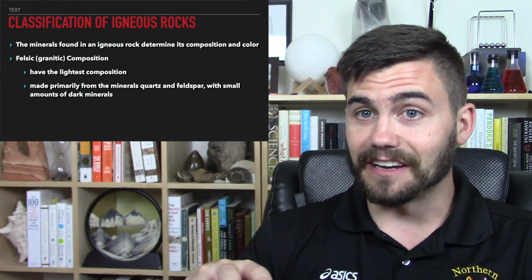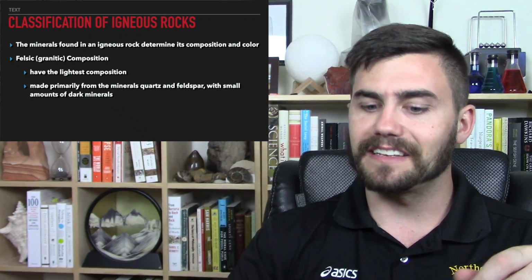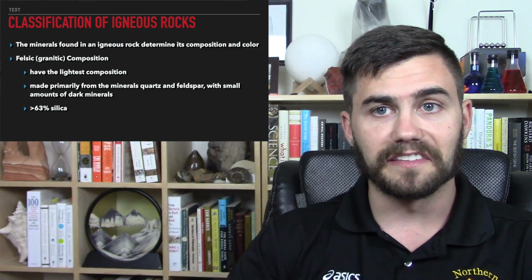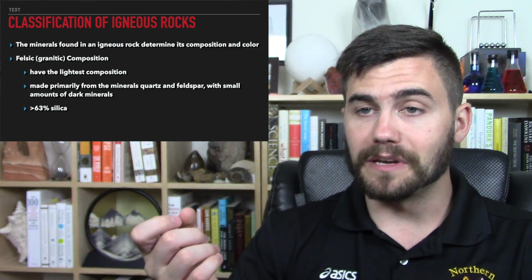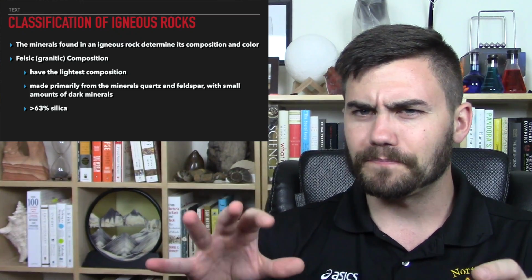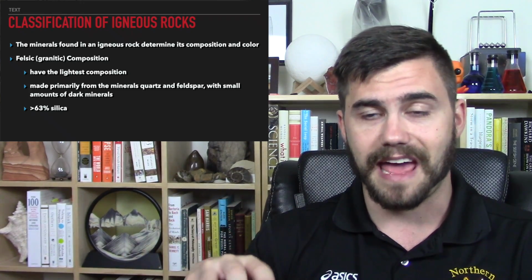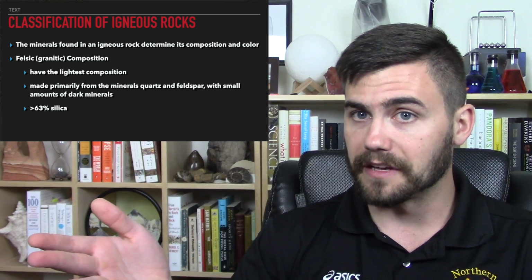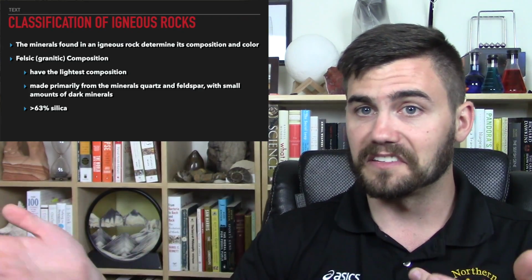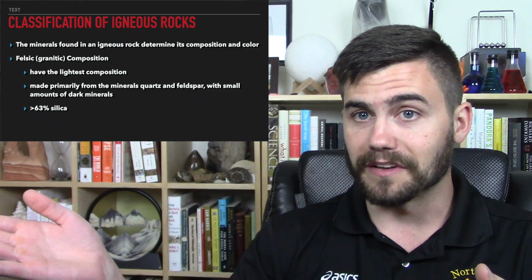What makes felsic igneous rocks the way they are is they contain the highest percentage of silica, greater than 63%. Now, sometimes there will be dark minerals present, but silica, like quartz, doesn't have to be a transparent mineral. It usually is. It has a vitreous luster, so even if it has some color, it's still fairly transparent.